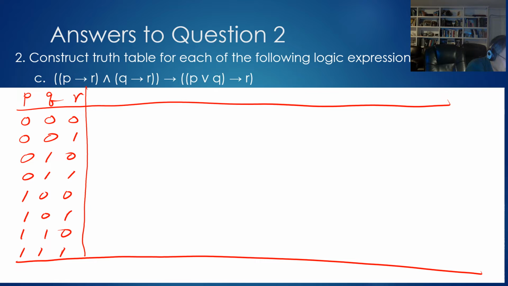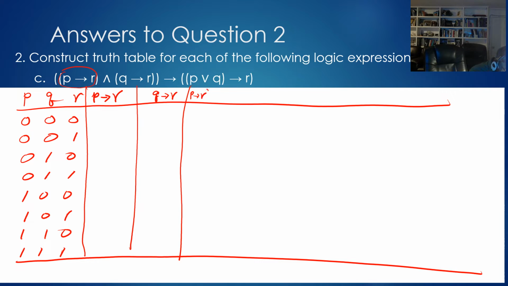Now the first one we want to figure out is P implies R, because that's something on the left side. And then we're also going to build Q implies R. That's the second one. So P implies R and Q implies R make up the whole left side.